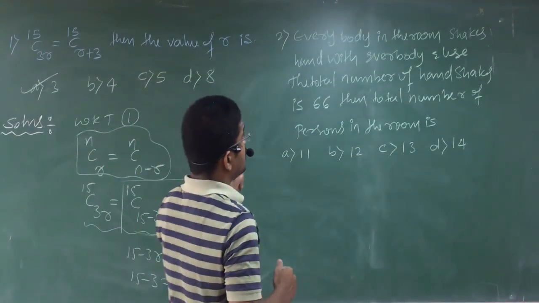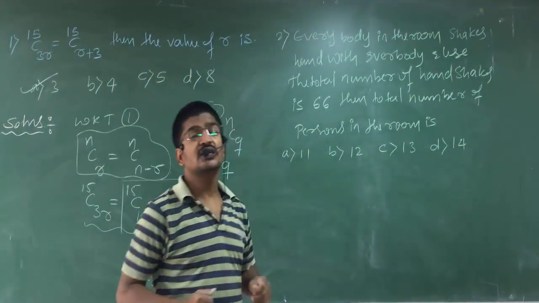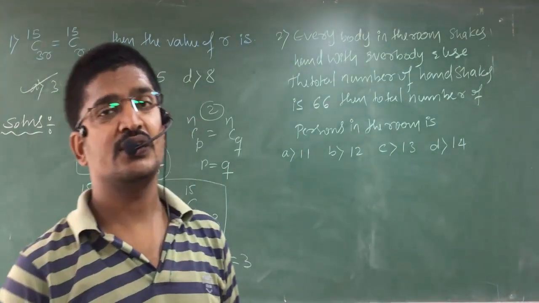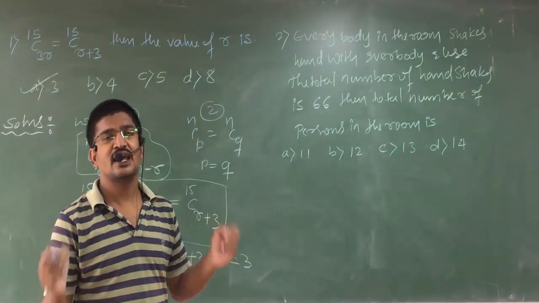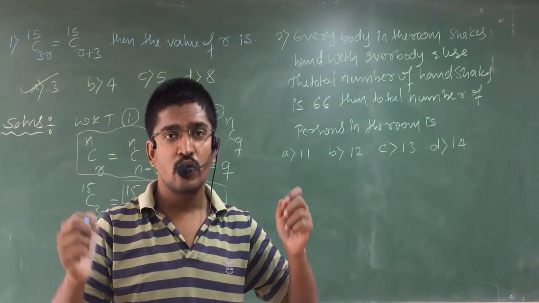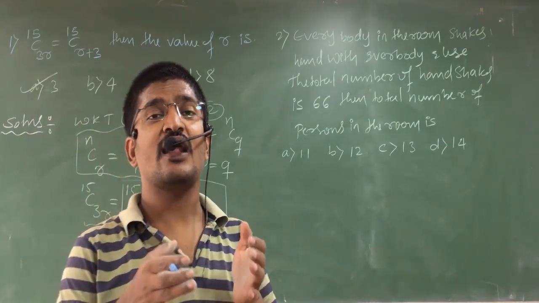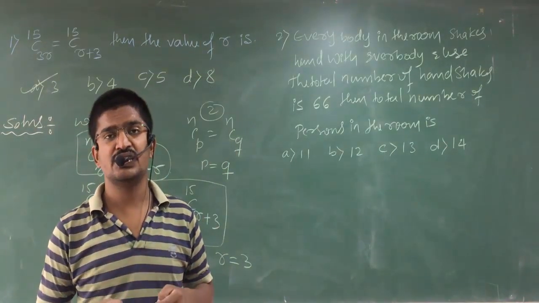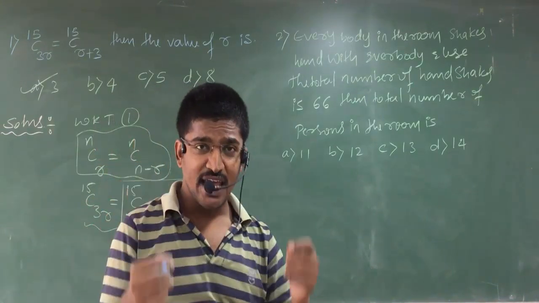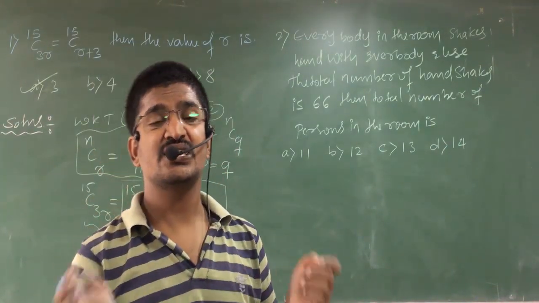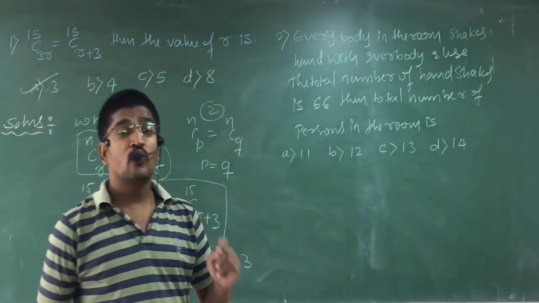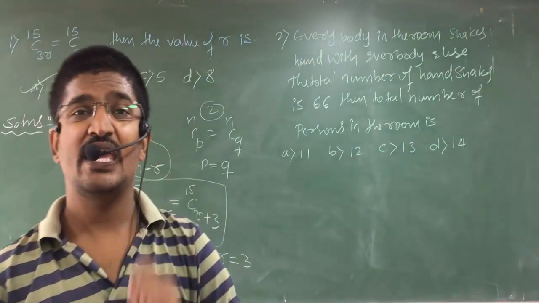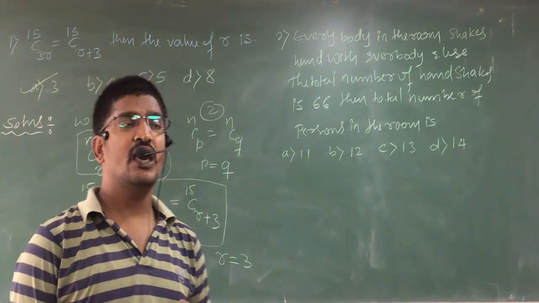Then the total number of persons in the room is what they are asking. Let us take n number of people. Those n people have done 66 handshakes. So what is the value of n? They are asking.